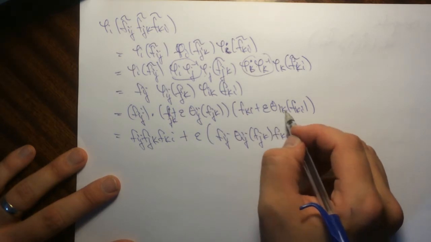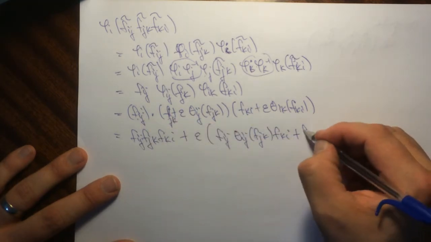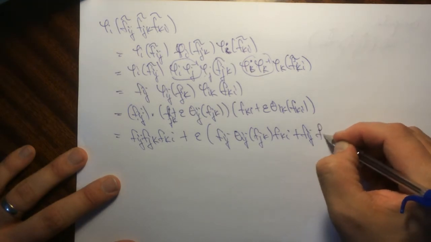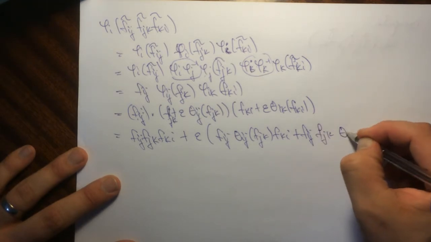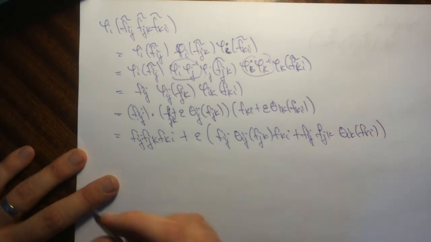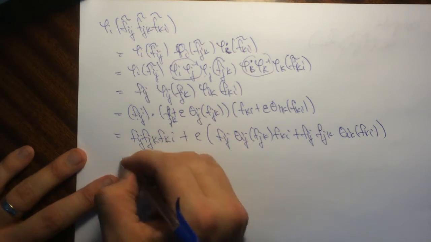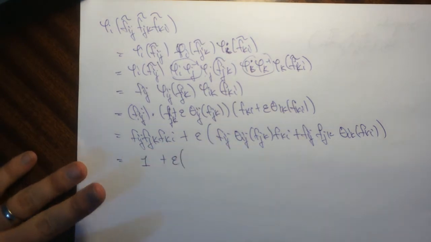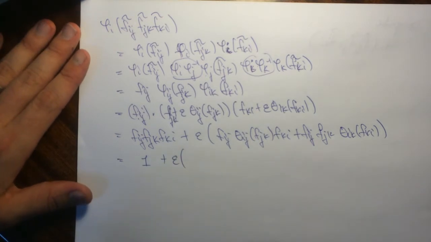We can have this one and then these two. So Fij, fjk, and then we can have theta ik, fki. Okay, this is a cocycle, so this is 1 plus epsilon. Now we can already see we're in the right space.